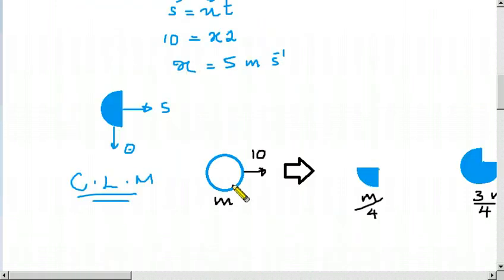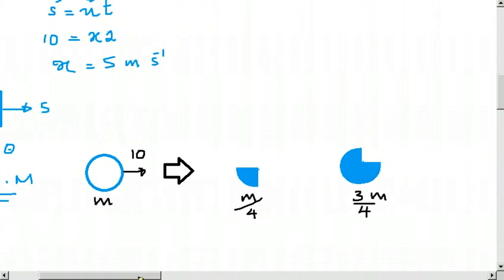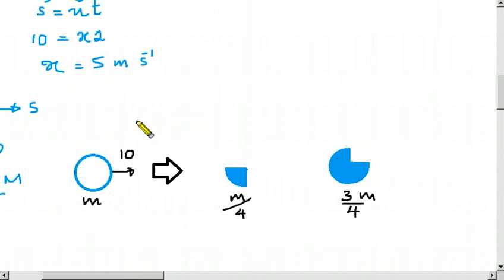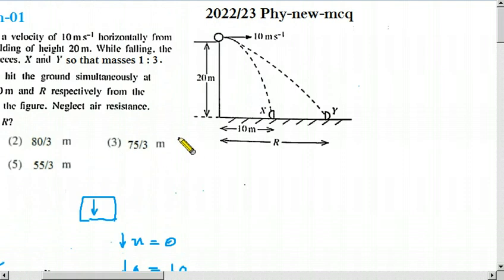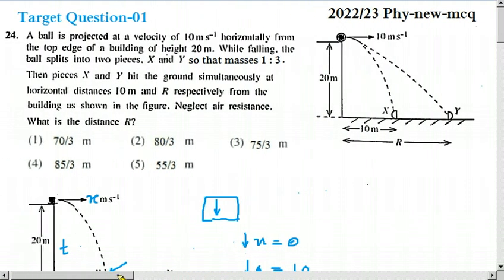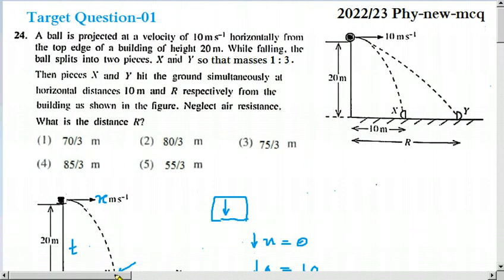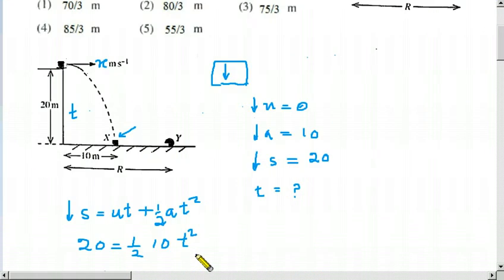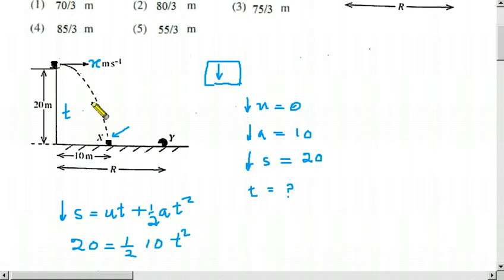So the conservation of linear momentum theorem. Velocity 10. 10 is to the whole ball, not segments. Now this diagram is valid only after splitting, because that is why we took this as quarter and this one 3/4.